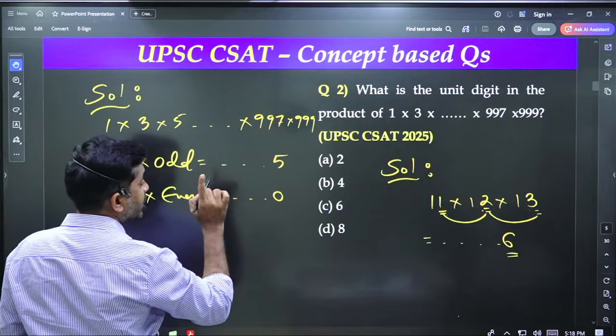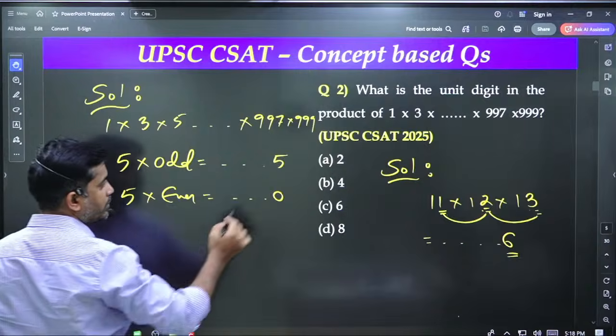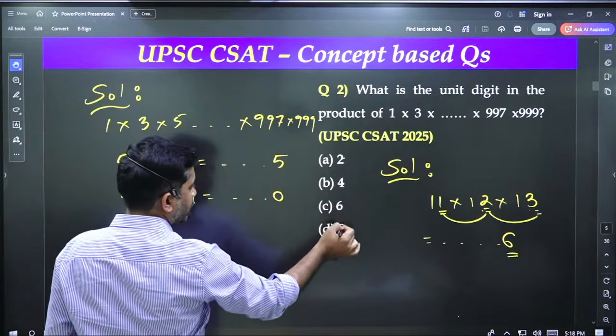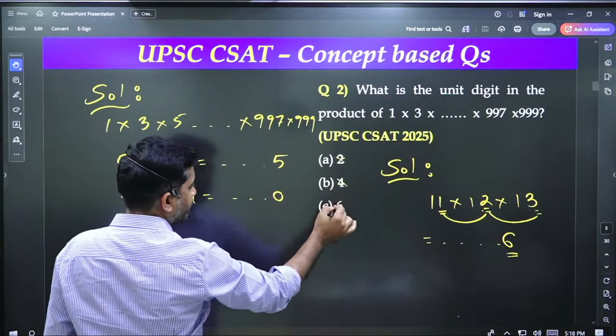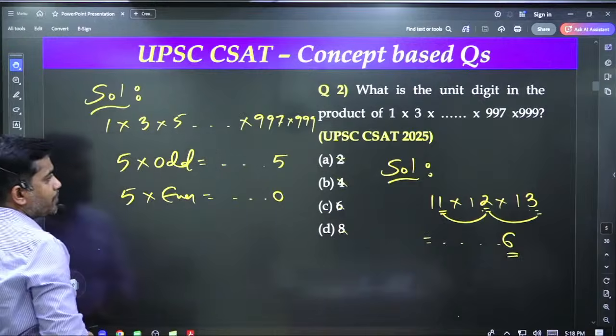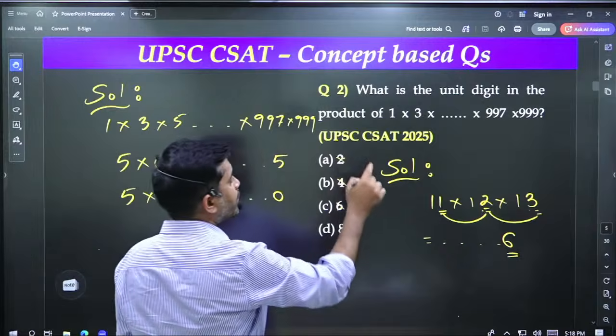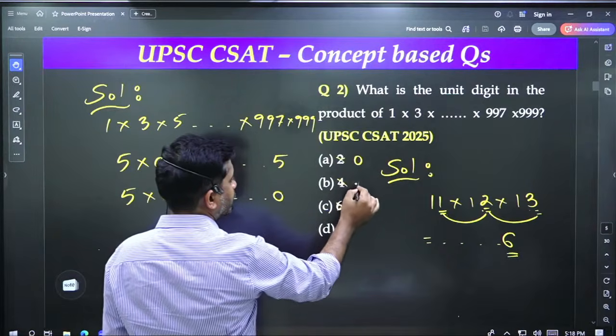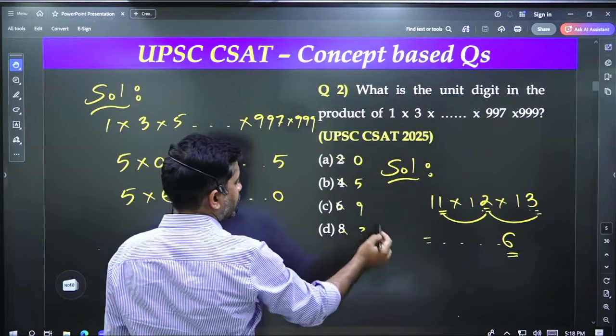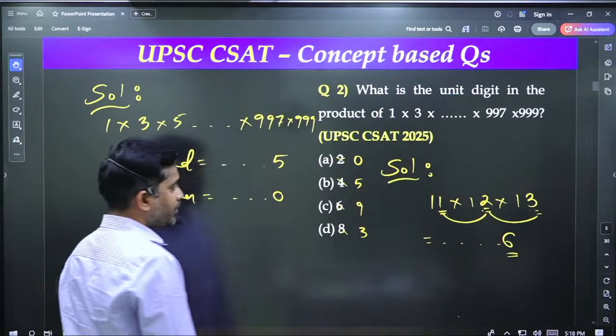We don't have a single even number. These options are not correct here. Just a typing mistake, okay? So for this question the answer is 5 because every number is odd. These are the options, okay? Take option B, 5.